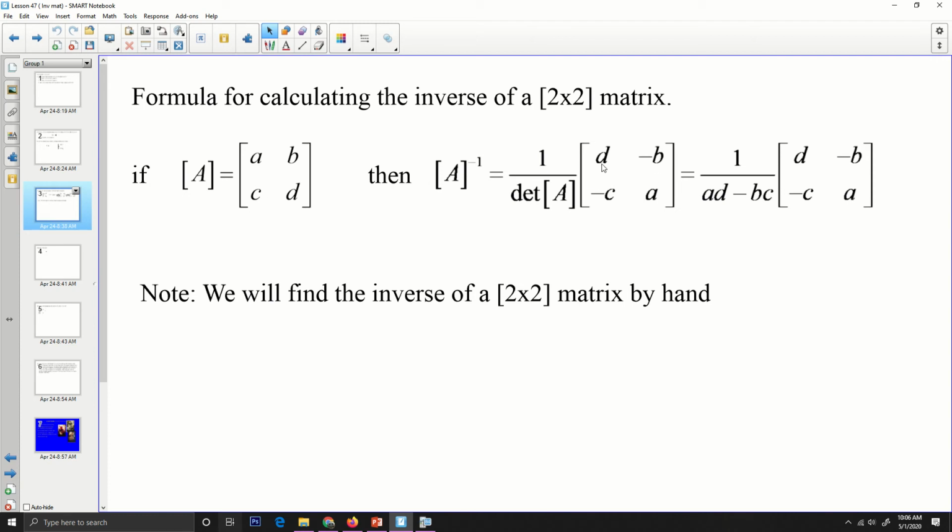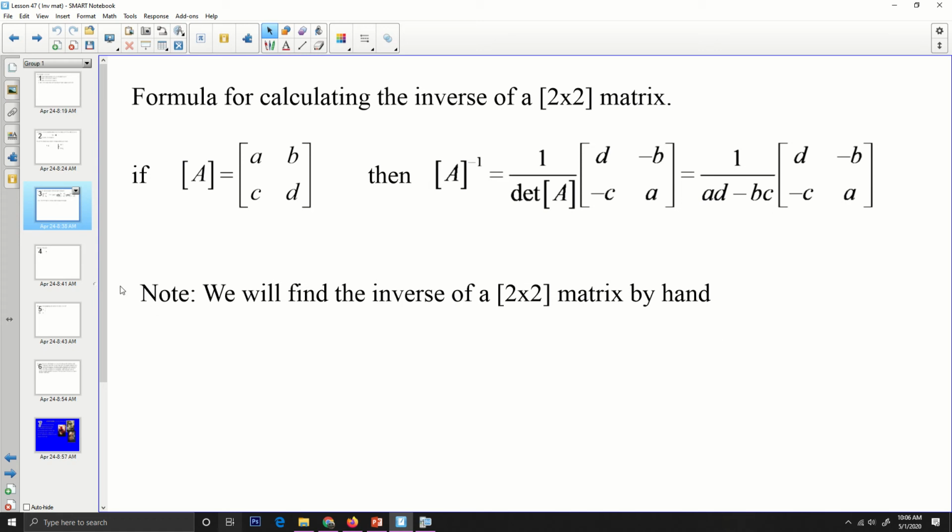Then you take the A and the D and you switch them. You leave the B and C in the same place, but you make them negative. Now remember, the determinant is AD minus BC for a 2 by 2 matrix, so you could also just skip the determinant wording and write AD minus BC.